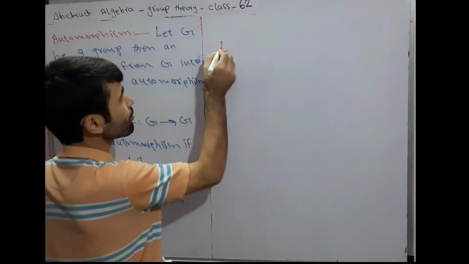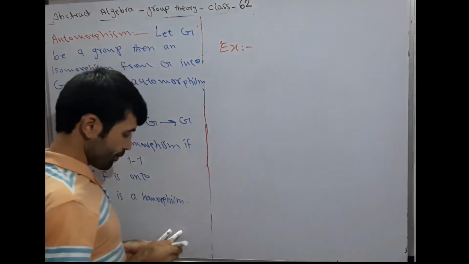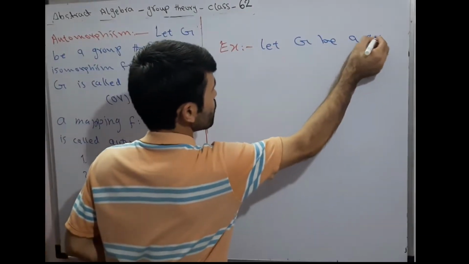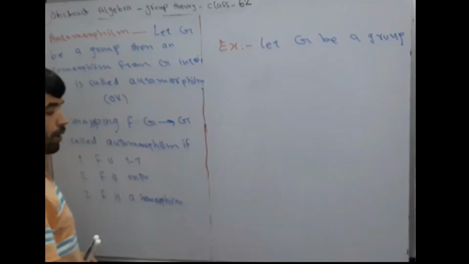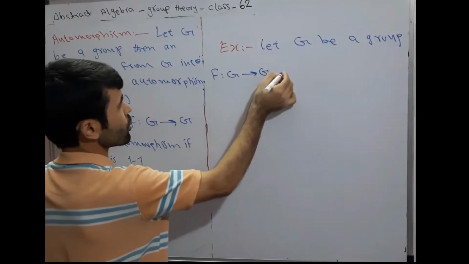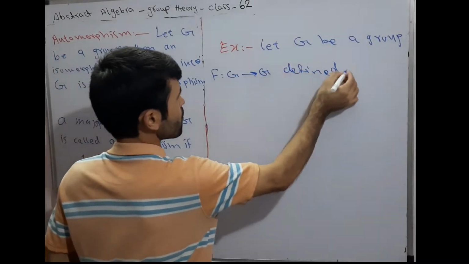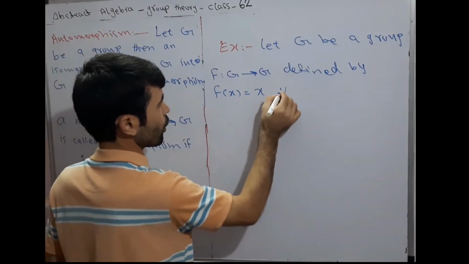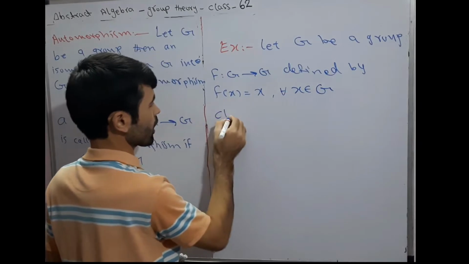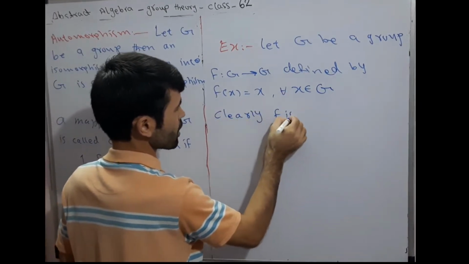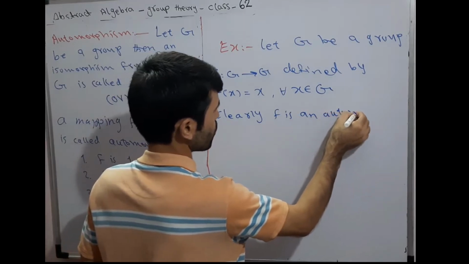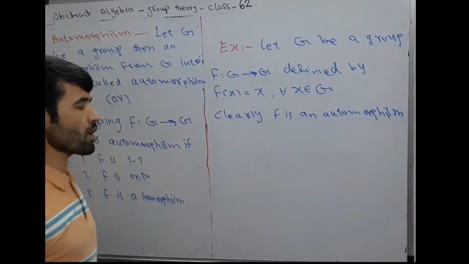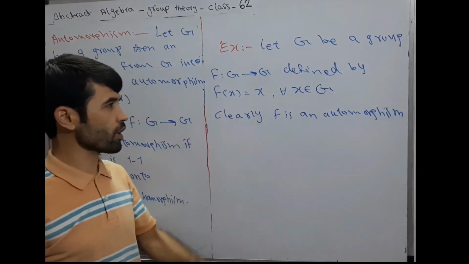Example: let G be a group, f such that G into G defined by f(x) equal to x for all x belongs to G. Clearly f is an automorphism because f(x) equal to x is one-one, and f(x) equal to x is onto, and f is a homomorphism.